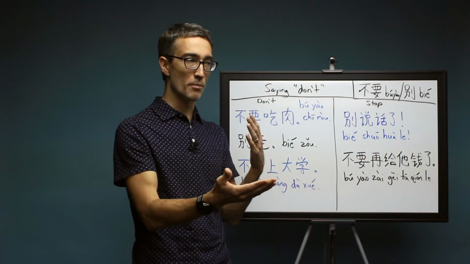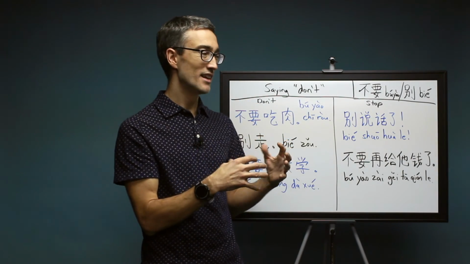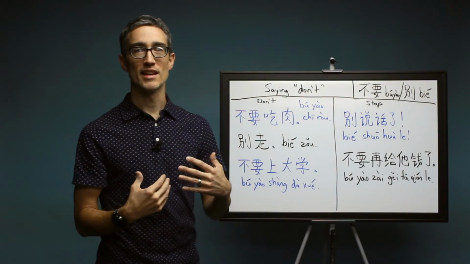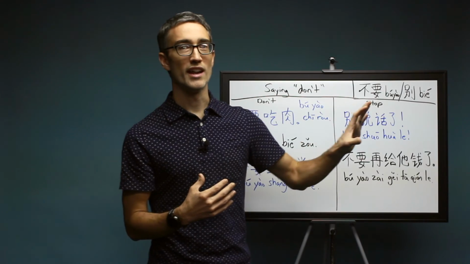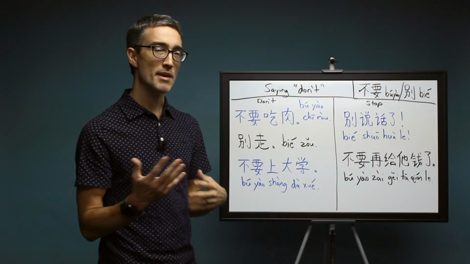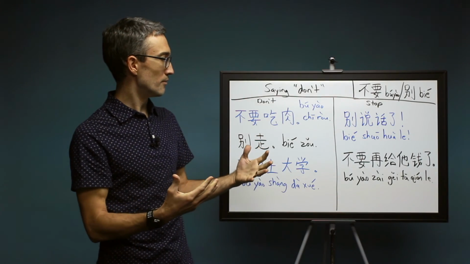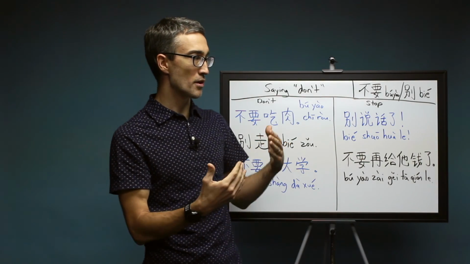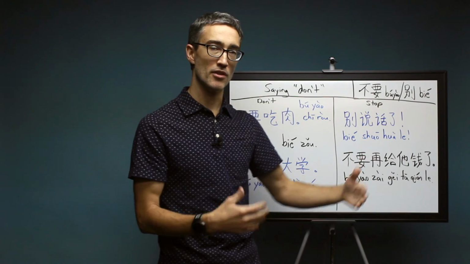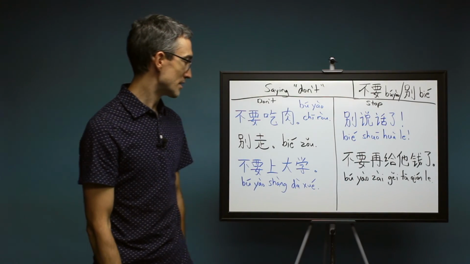The person is thinking about doing it, and the person giving the command says, don't do that again. Stop giving him money. Does that make sense? It has happened before, and the person might be thinking about possibly doing it again.